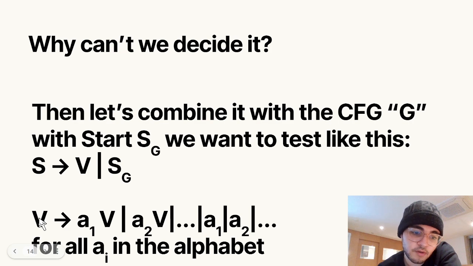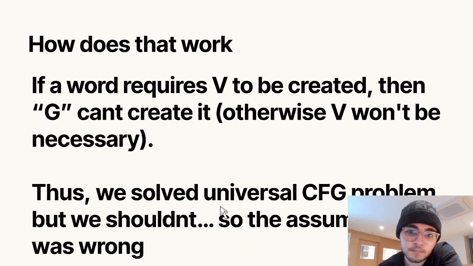We generate every word with V and generate all of L(G) without V. It would also be nice if we change the variable names in S of G to make sure there is no V variable inside, just to not disturb this logic, because we are assuming there is no V inside S of G. So yes, this is what we are talking about.